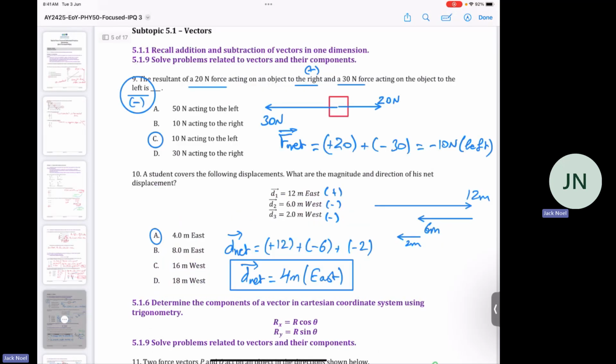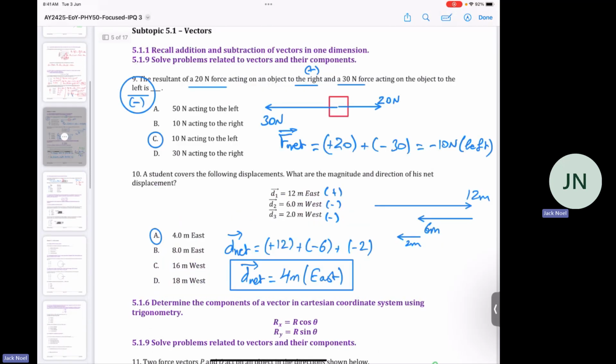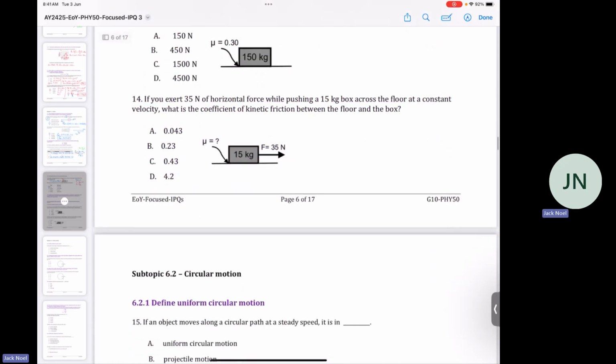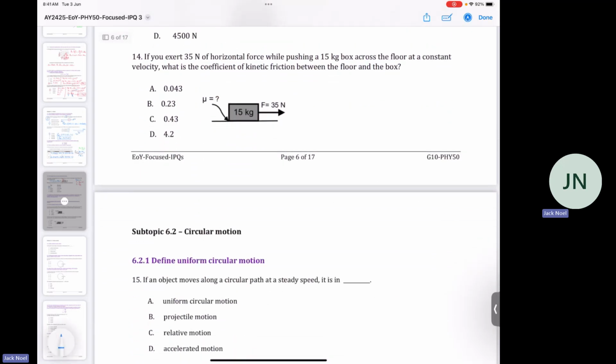It means that along the y-axis, the net force is zero. So a y is 0, F net y is 0, so Fn and mg are equal to each other.